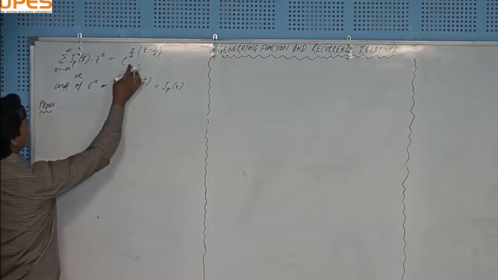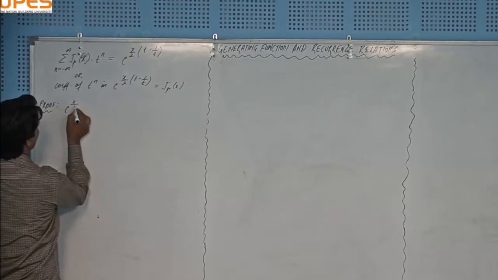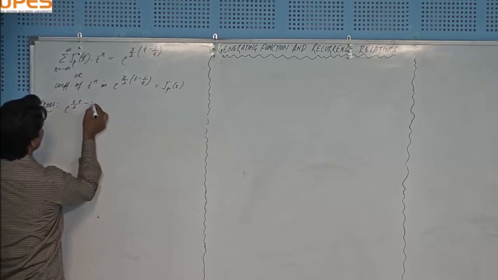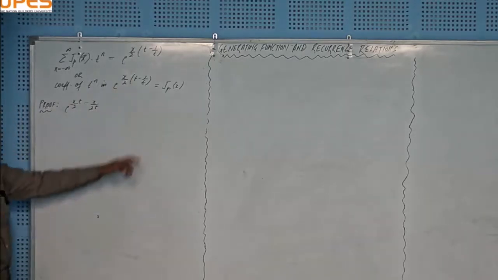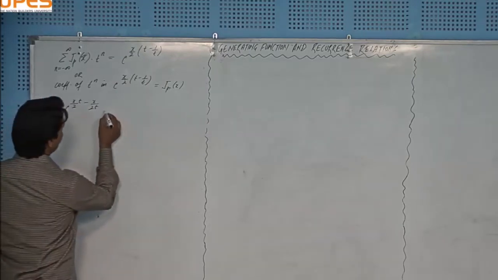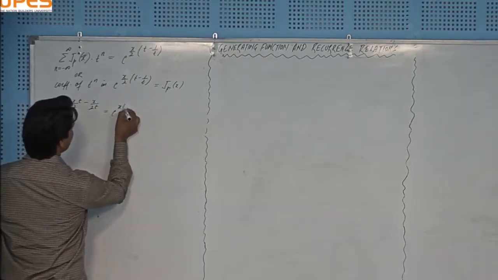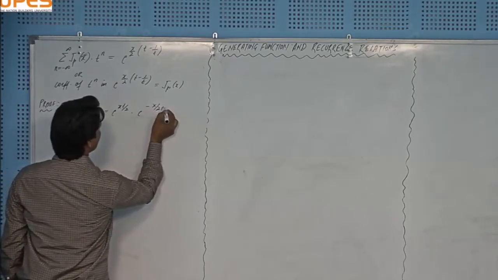So starting with this function e to the power x/2 (t minus 1/t), it can be written in this way also, multiplying this x by 2 with the inner terms. So we'll get e to the power xt/2 multiplied by e to the power minus x/(2t).